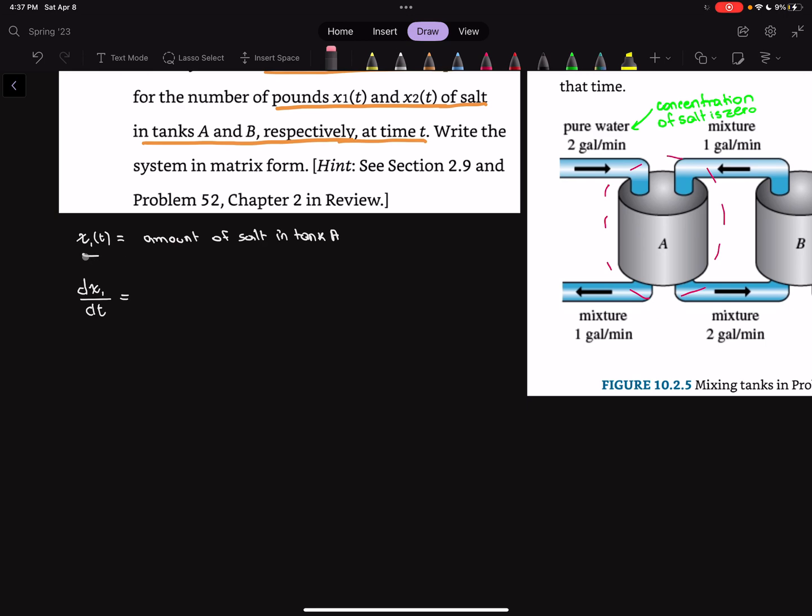So the rate of salt change with respect to time is equal to what? Well, it's always going to be equal to the rate in minus the rate out.